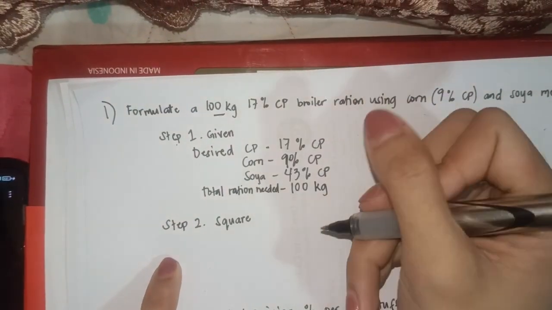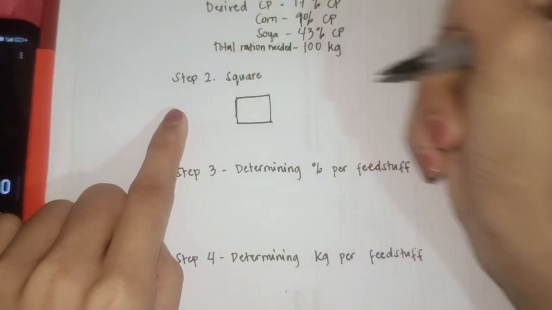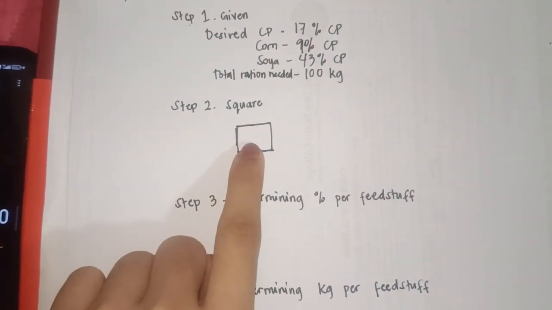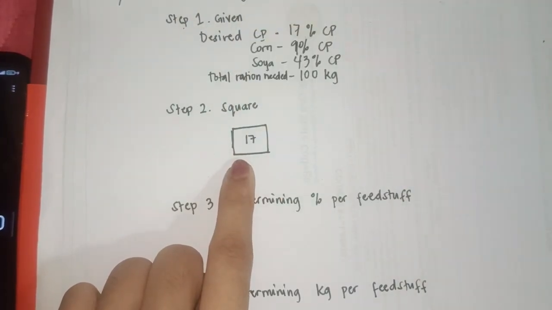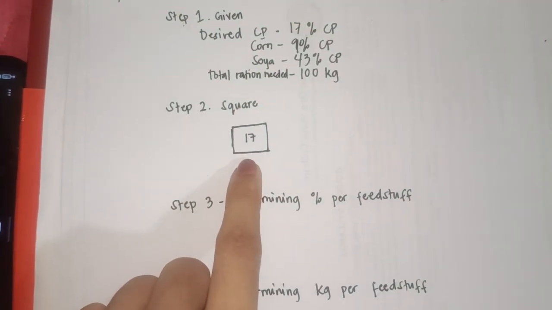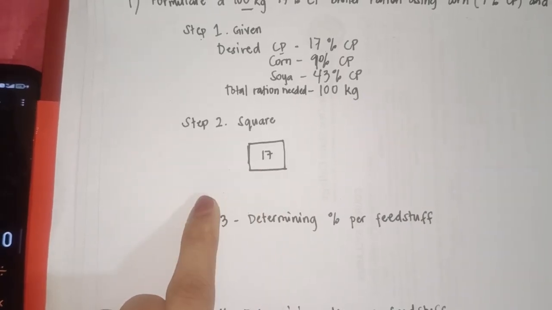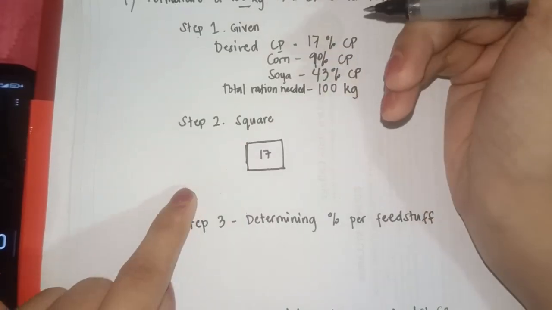Now let us proceed to squaring. The first part of step 2 is to draw a square. Then you put the desired CP in the center, so you put 17 inside. This represents the nutrient required by the broiler. And then in this area, you put the corn and the soya meal.